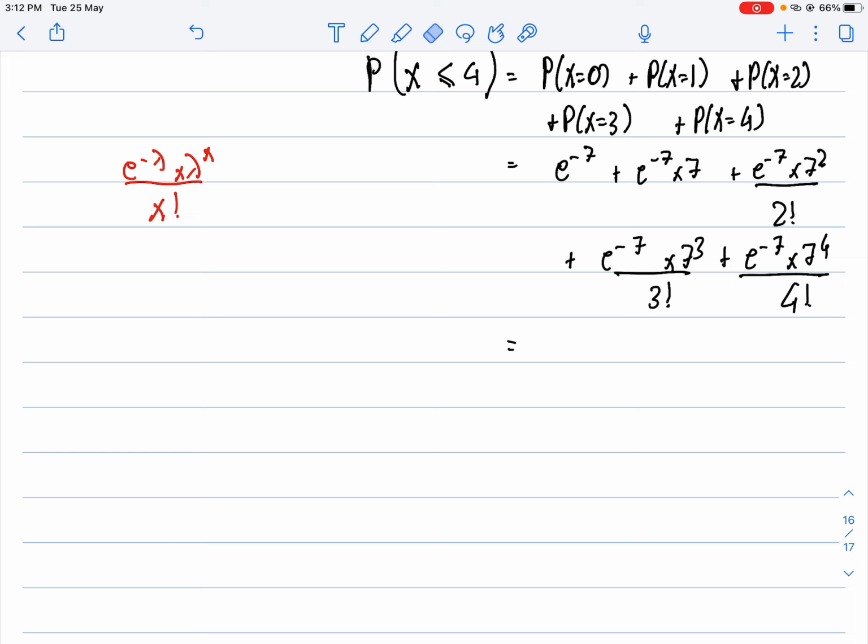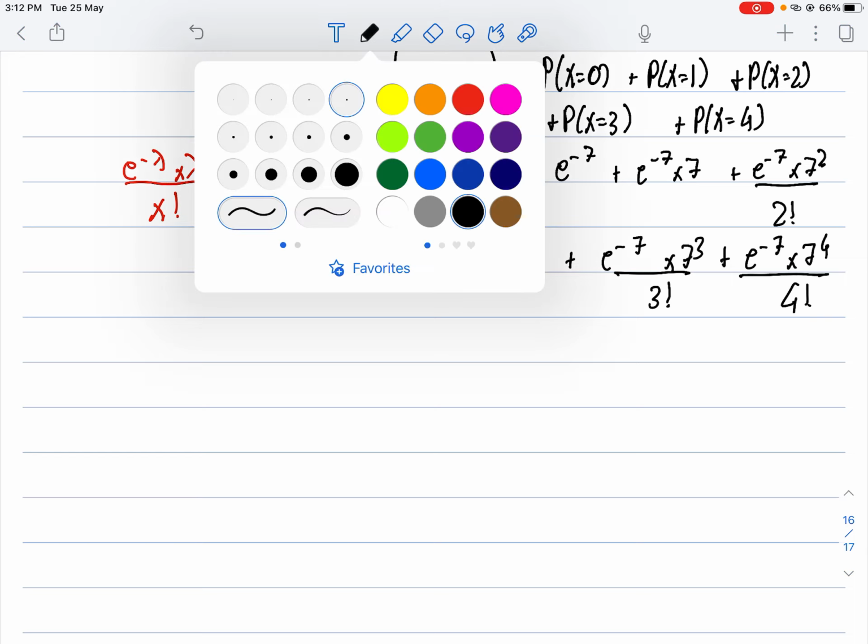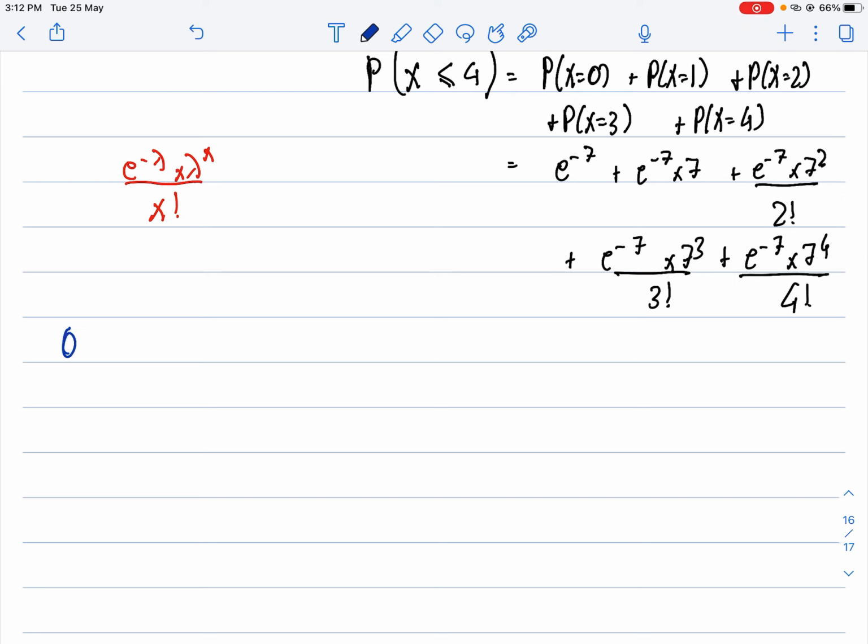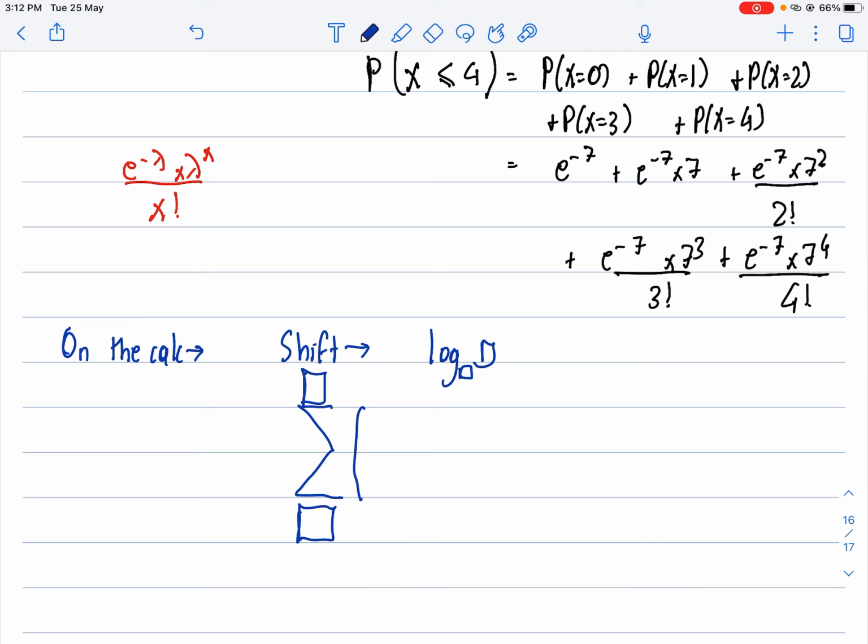Because there's a lot to write on the Calci, what you can simply do is click on shift, then click on log, which is written something like this. When you do that, you get a summation sign with a lower limit and an upper limit.